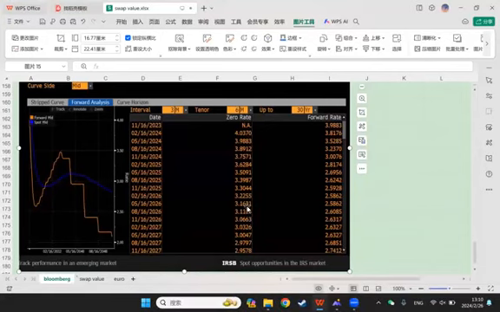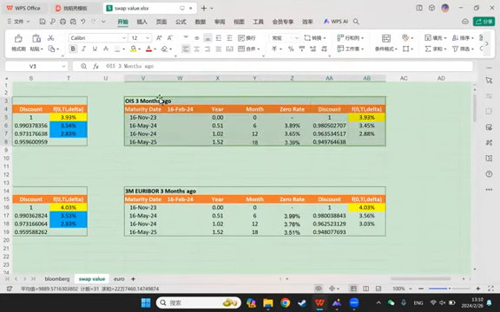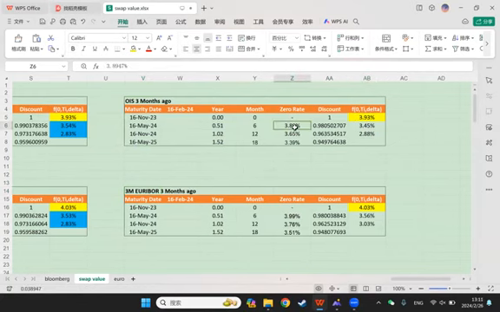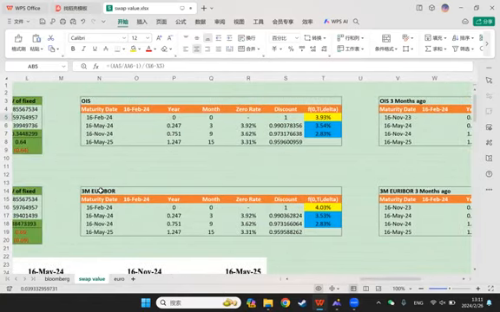So our calculation is in the Excel here. Note that for the first interest payment, we need to use OIS or Euribor 3 months ago to calculate the first interest payment. And then we use zero rate from Bloomberg to calculate B, which is the discount factor, and then calculate the F, which is the forward rate. And then we calculate the OIS and the 3-month Euribor forward rate.